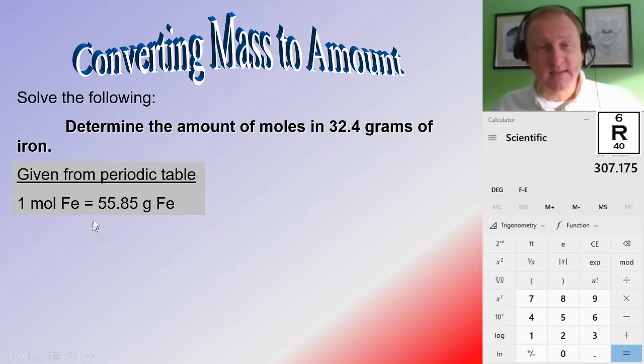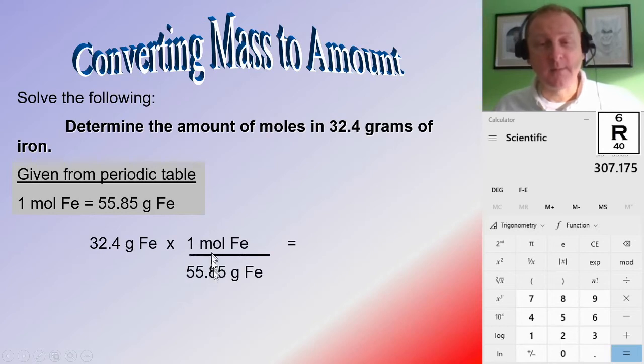So when I set this up using dimensional analysis, I'm going to set it up opposite of the last time. I'm flipping this over. And the reason I'm flipping this over is because I'm starting with grams and I need grams to cancel out. So grams cancel out with grams. Now I've converted the grams into moles. So I would take 32.4 divided by 55.85.